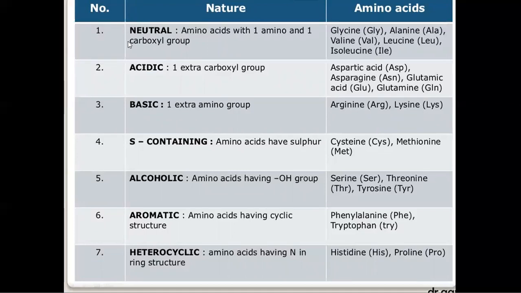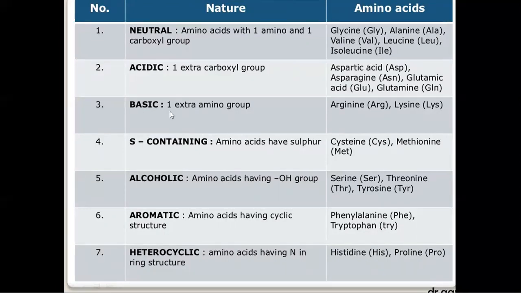Neutral amino acids contain one amino group and one carboxyl group. As I told already, the amino group is responsible for basic nature and the carboxyl group is responsible for acidic nature. Examples of neutral amino acids are glycine, alanine, valine, leucine, and isoleucine. Acidic amino acids have one extra carboxyl group.